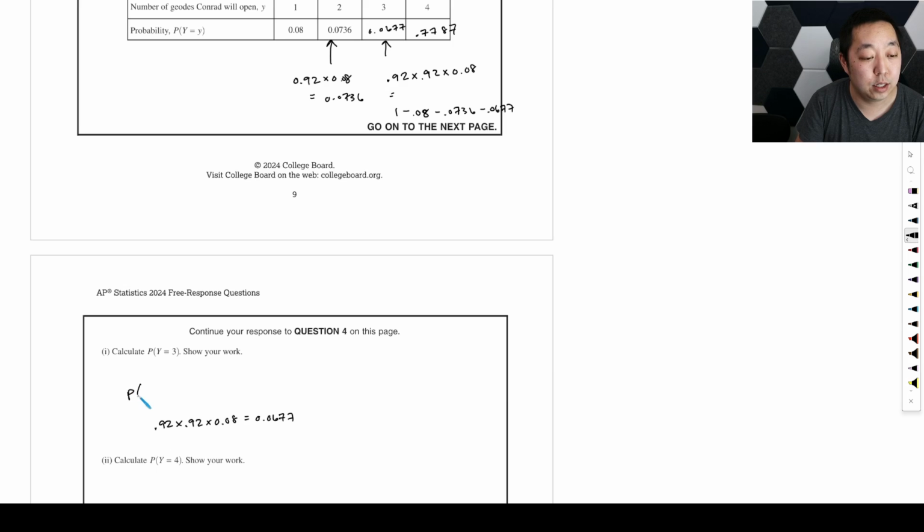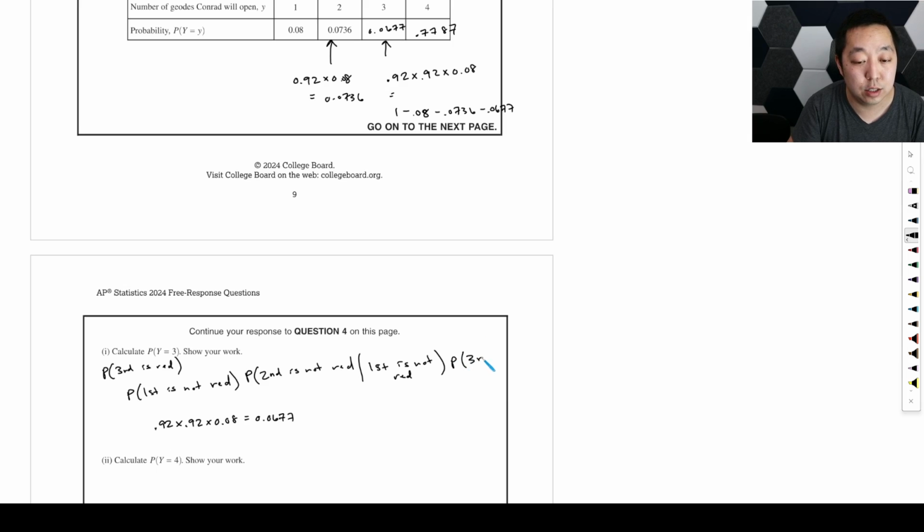So I would say the probability that the first is not red times the probability that the second is not red, given that the first was not red, and then times the probability that the third is red, because that's when he would stop, given that the first and second are not red.